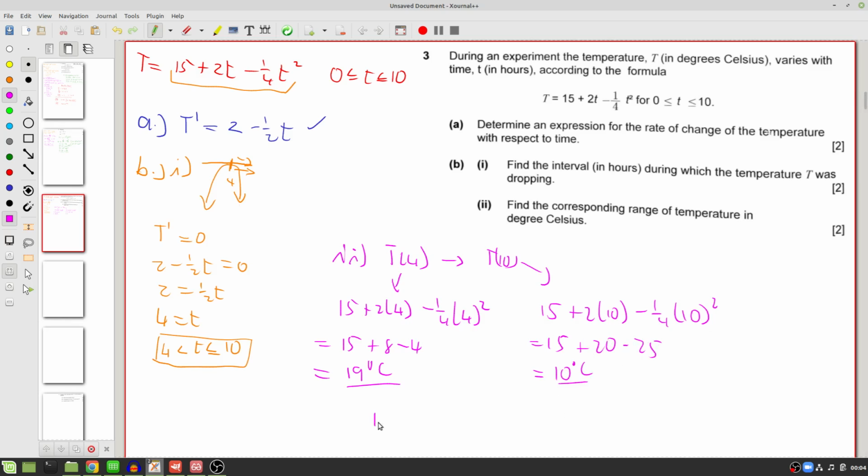So the range of temperatures is from 10 degrees Celsius, sorry, the temperature goes all the way to 19 degrees Celsius. So that's the range of temperatures. And that is our answer.